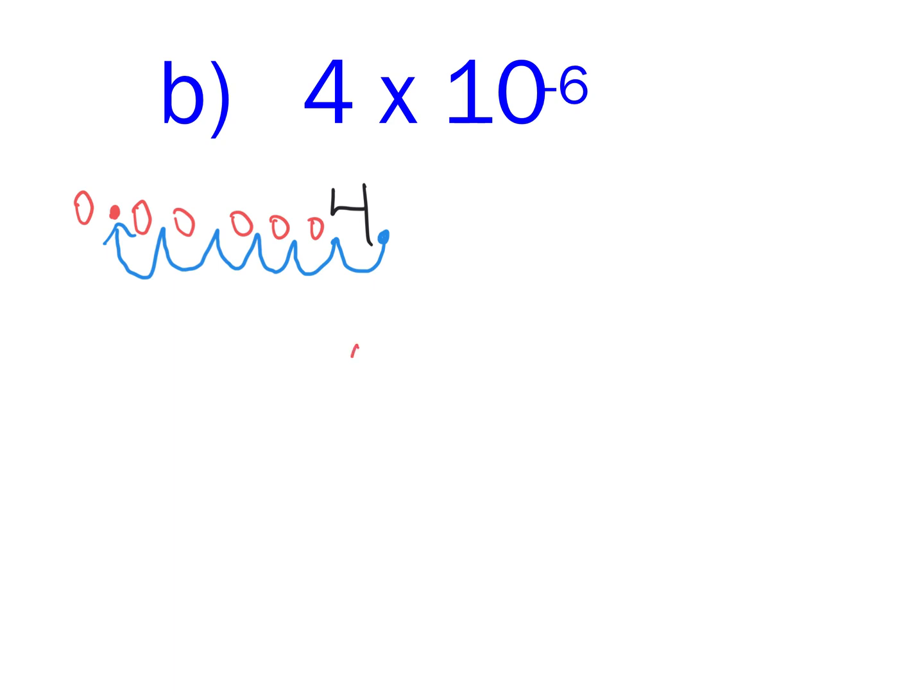So the answer is 0.0000004. That's how we write 4 times 10 to the negative 6 in standard form. So as we can see, it's a whole heck of a lot easier to write this out than to write this out. And that's why we have scientific notation for us.